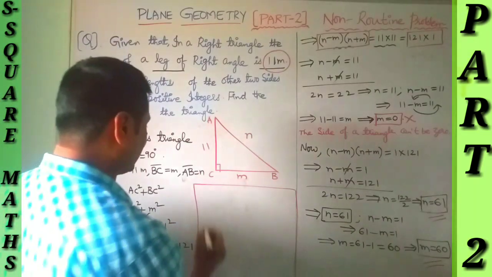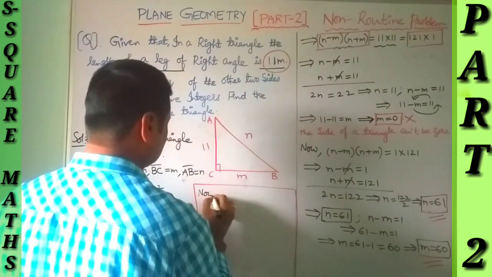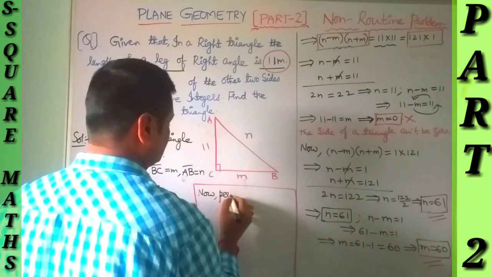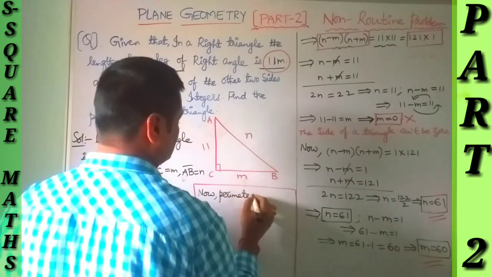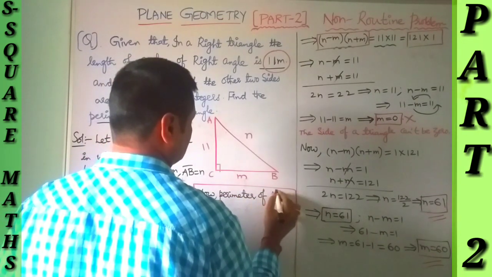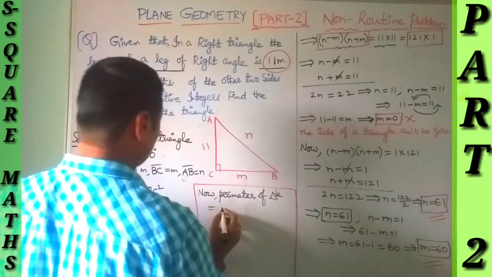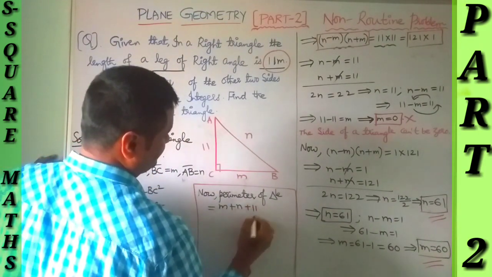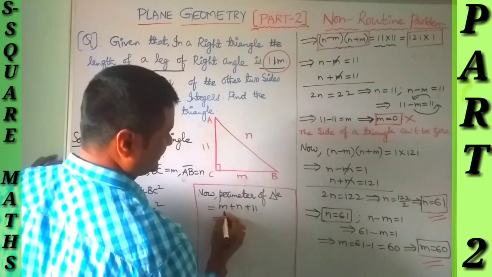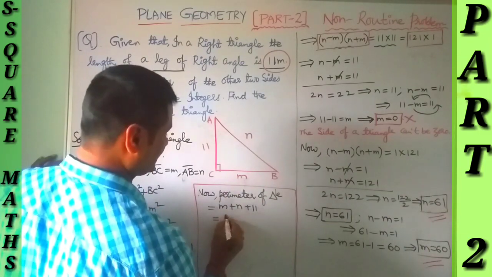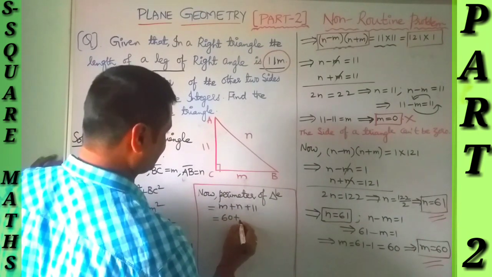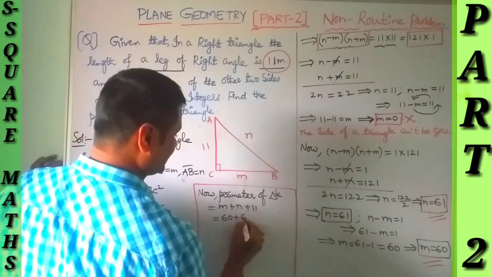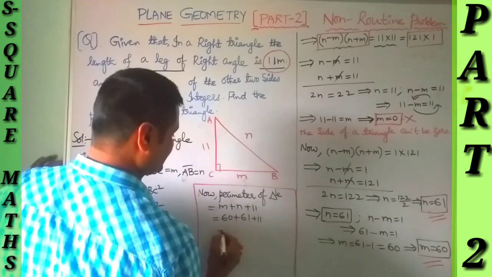Now the perimeter of the triangle is the sum of all the sides: m plus n plus 11. So m is nothing but 60, n is nothing but 61 here, and it is 11.